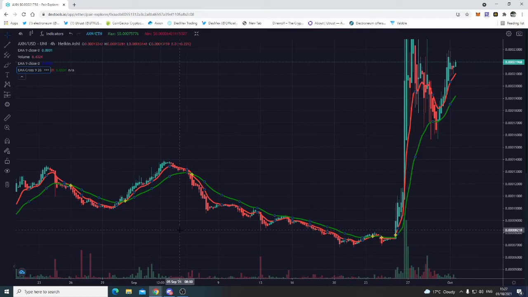So as you can see, when the green line is below the red, it crossed over here, we had a pump, we was going up. When the green line crosses over here, now the green line is on top of the red line, we can now see that it's dumping.